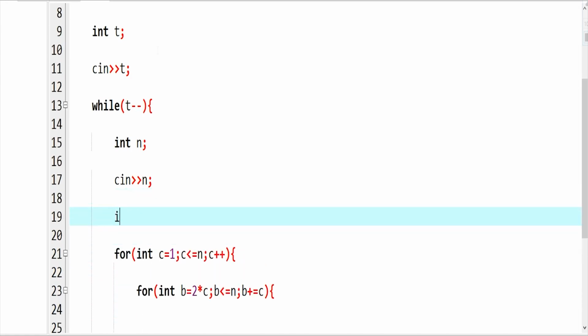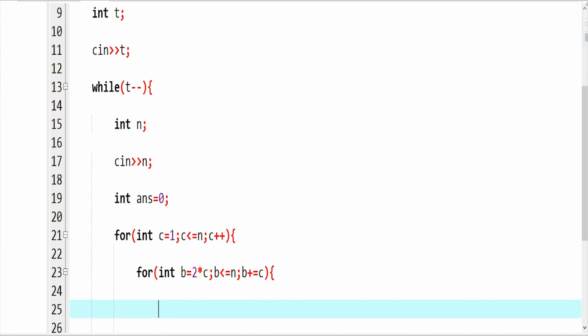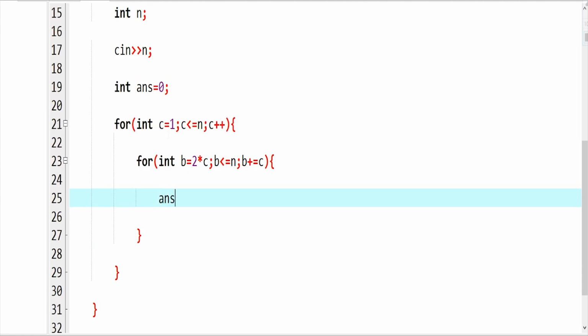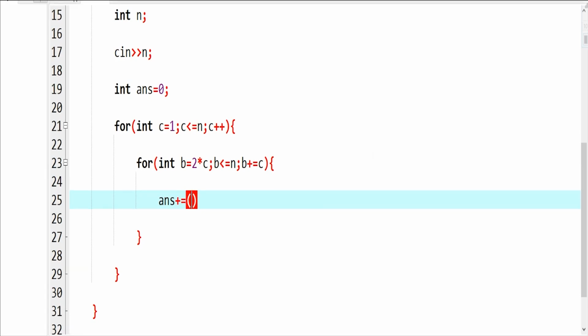Let's take our answer in this variable and initialize it to 0, and then we will add: answer plus equal to 1 plus n minus c divided by b.